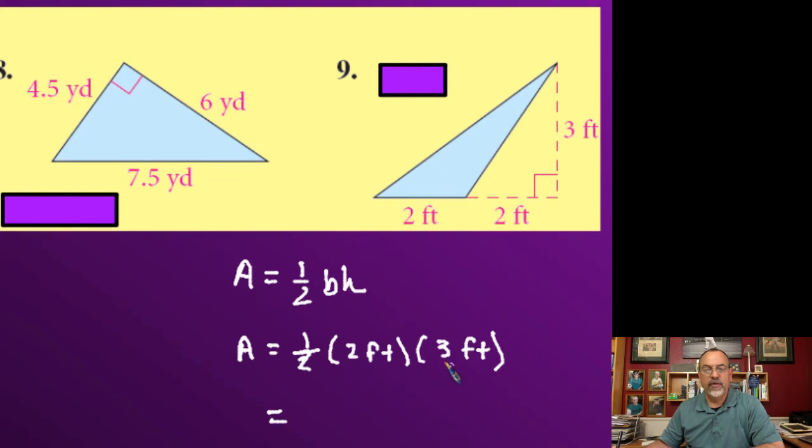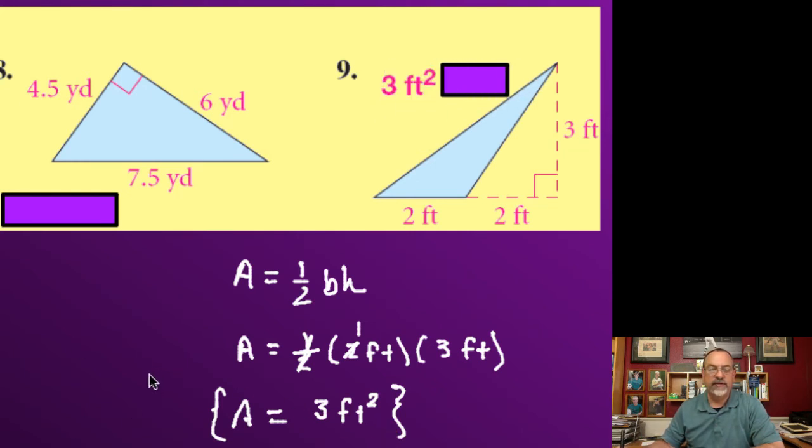The half can be multiplied by either number first. Always use an even number because then it reduces. So 1/2 of 2 is 1, and then 1 times 3 is 3, and then feet times feet is feet squared. So the area of this triangle is 3 feet squared. And if we go up here and look, we have the correct answer.